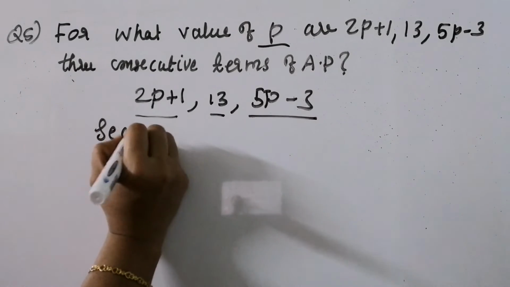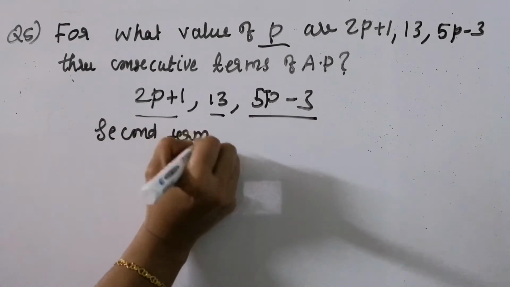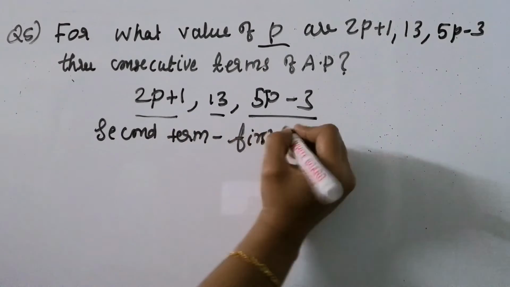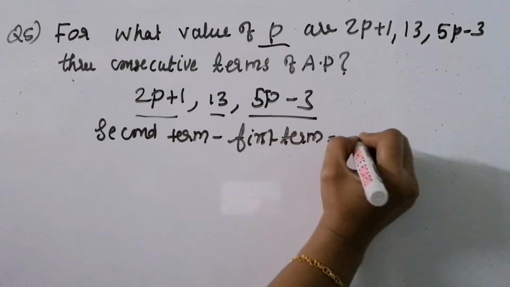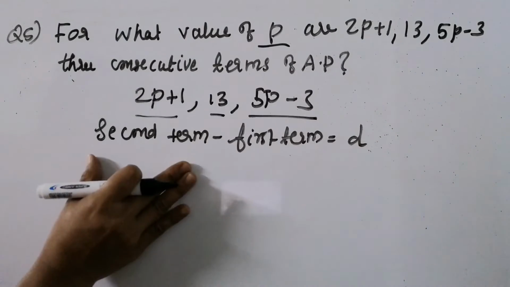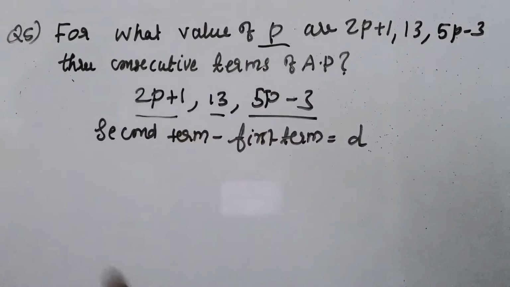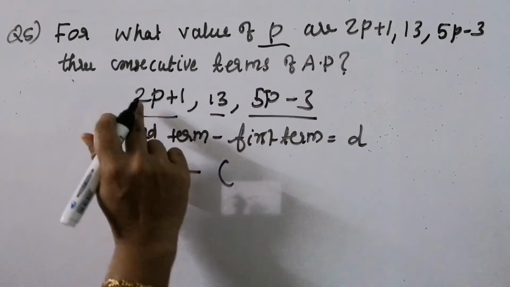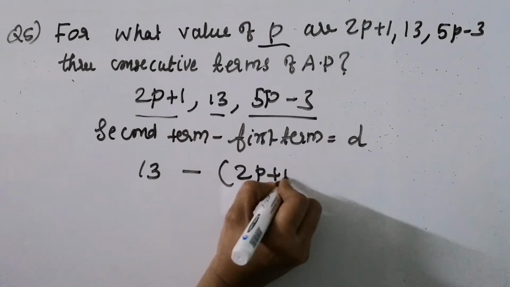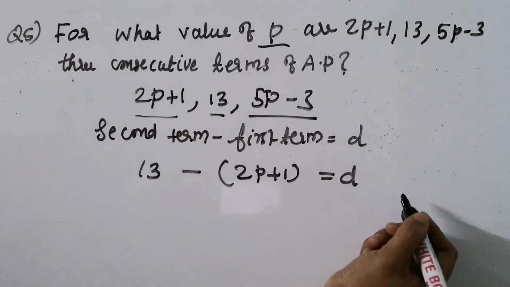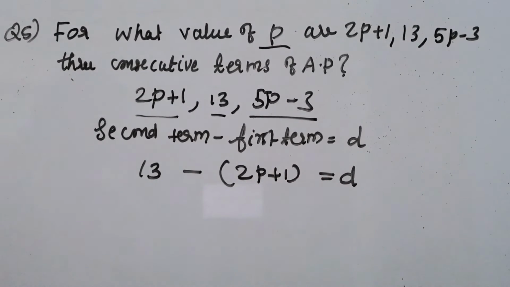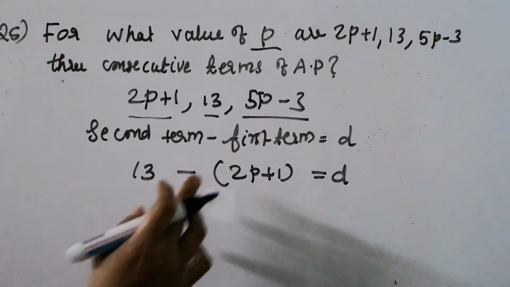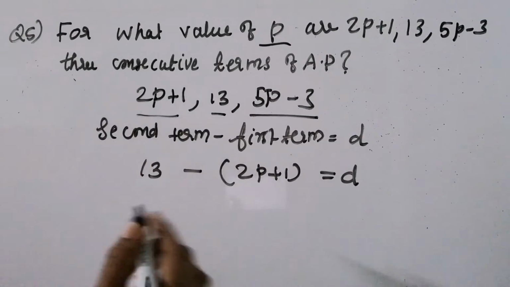So we know that the second term minus the first term is equal to our common difference D. So here the second term is 13 minus our first term, 2p plus 1, which is equal to D. Then using this equation we have to find the value of the letter p.